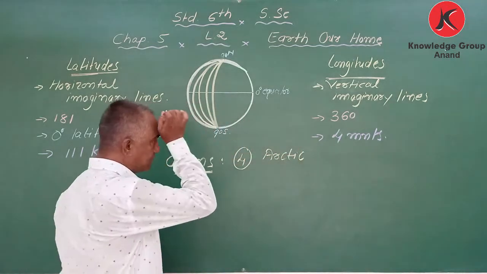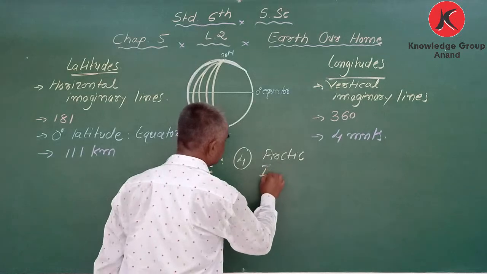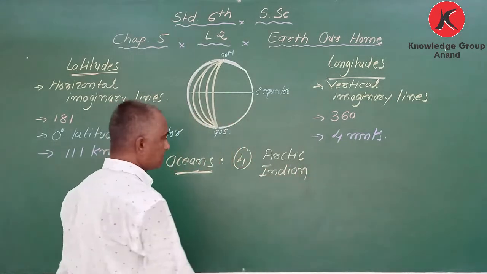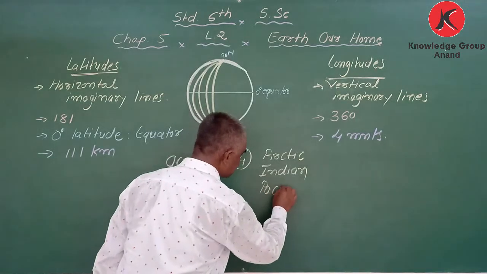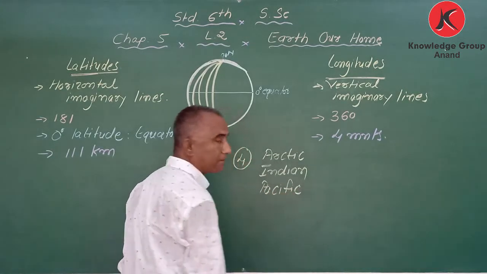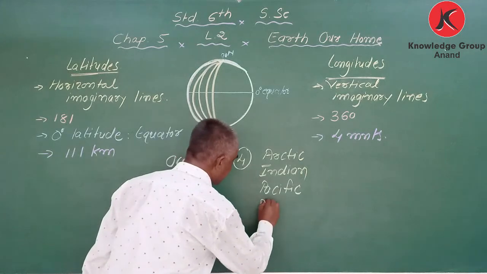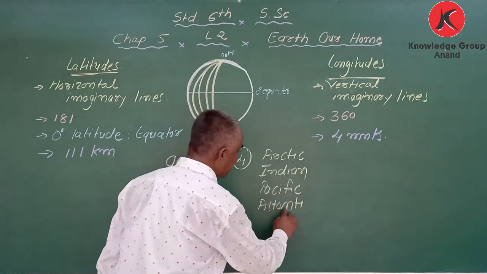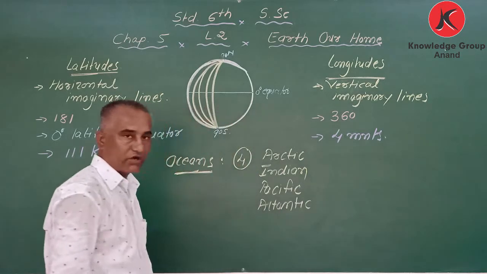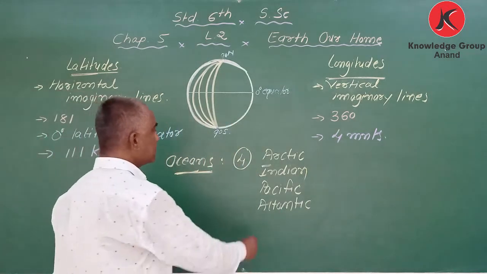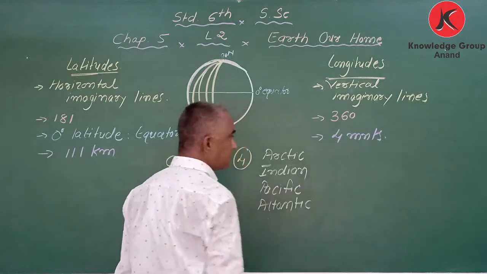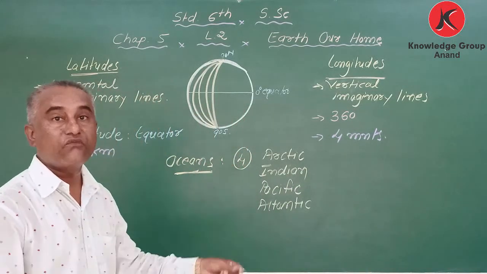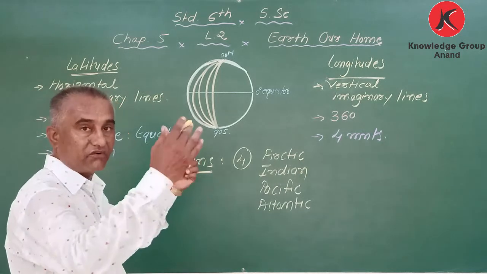Arctic Ocean, second Indian Ocean, third Pacific Ocean, and next Atlantic Ocean. So they are the four oceans on earth, and they are called large masses of water, means a big one.